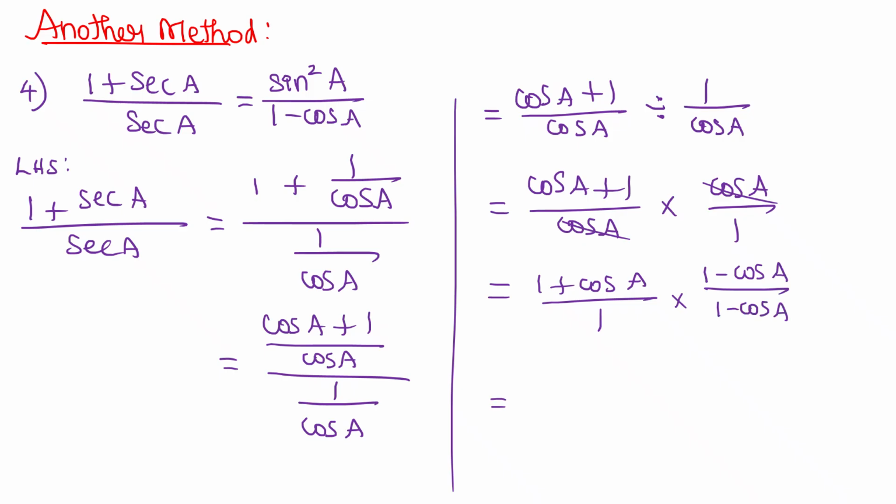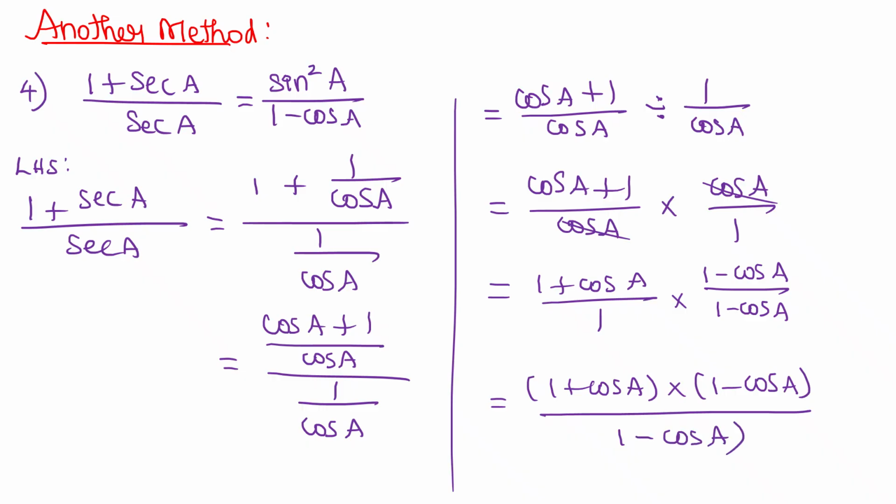So now you will get (1 plus cos A) into (1 minus cos A), that whole divided by (1 minus cos A), right? Here again (A plus B) and (A minus B), which results in A square minus B square. So you will get 1 minus cos square A.